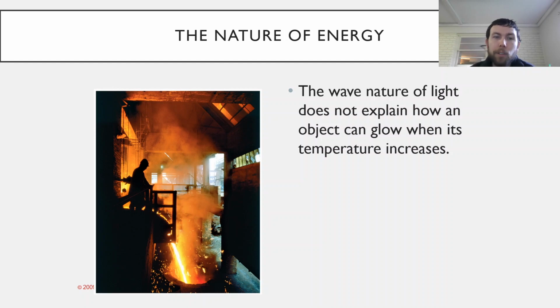You got that white glow, you got the orange glow, you kind of got the reddish glow, and you're like, yeah, that's really hot. And so the idea that light is a wave is our foundational principle, but the wave nature of light doesn't account for the reason why objects glow when their temperature goes up.